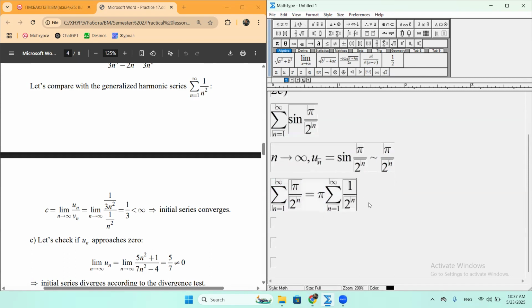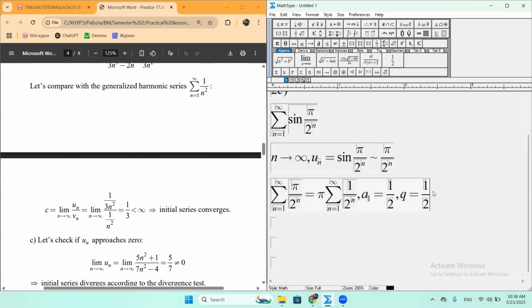What we actually receive is a geometric series, where a1 equals 1 over 2, and the denominator q equals 1 over 2.